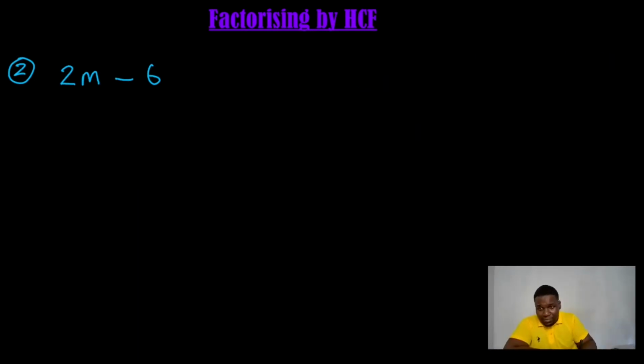For this example, I'm going to go ahead and list the factors again. So we have 2m minus 6. Let's start by listing the product of the prime factors for 2m. What can we multiply together to give us 2m? We can multiply 1 times 2m. We can also multiply 2 times m.